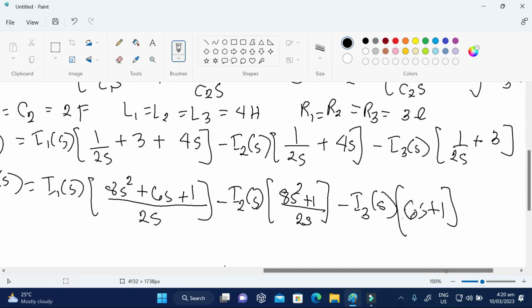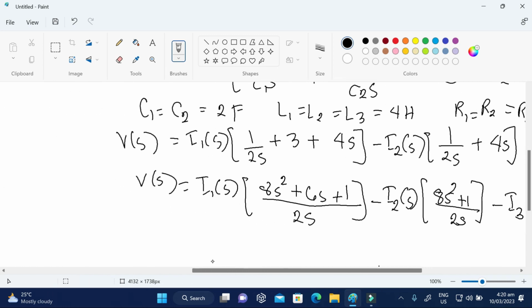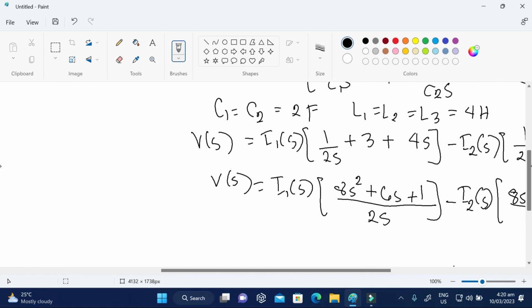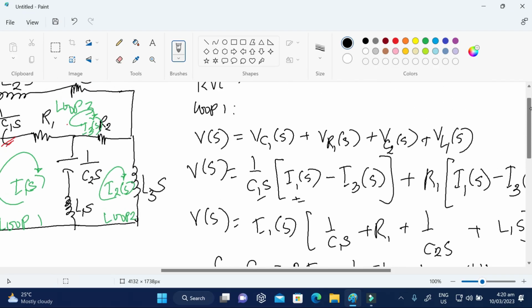So this should be your equation 1, established by making use of Kirchhoff's voltage law on loop 1.